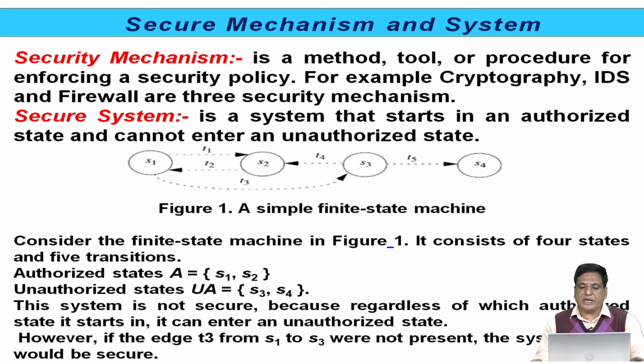As earlier said, S1 and S2 are the authorized states, denoted by A. S3 and S4 are the unauthorized states, denoted by UA. Here we have one edge T3 moving from S1 to S3. So our system is moving from the secure state to an unsecure state, so this system is not a secure system.